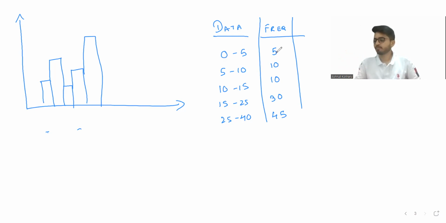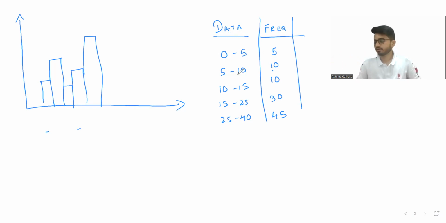Note that we have basically 5 data points in the interval 0 to 5, 10 in the interval 5 to 10, and so on. So here again, there's a class interval which is given. So what you would be using is a histogram to plot this.